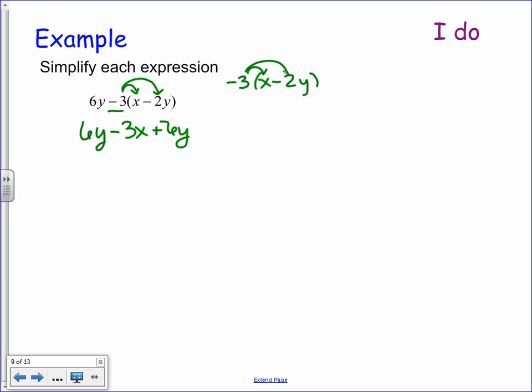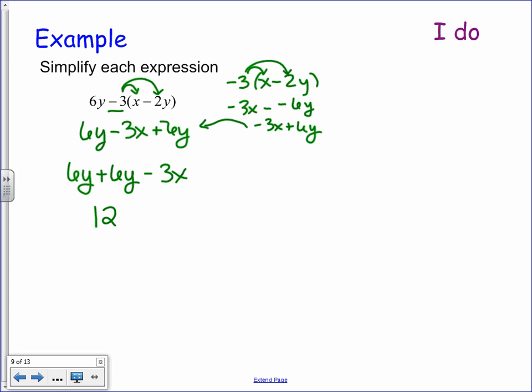When I do this, I get negative 3x minus a negative 6y, which is negative 3x plus 6y. Okay, so that's how I got that right there. All right, and then combining, I get 6y plus 6y minus 3x, 12y minus 3x.